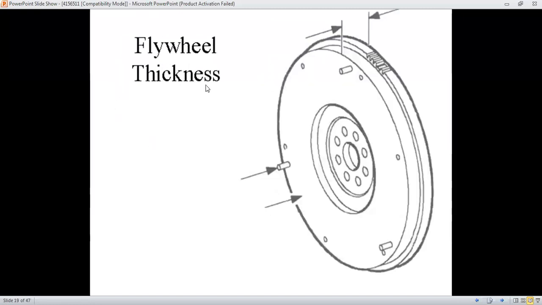And for flywheel thickness, we can choose the vernier calipers or micrometer to check the thickness. The same procedure applies to any thickness or any length which is measured through the vernier calipers or the micrometer.